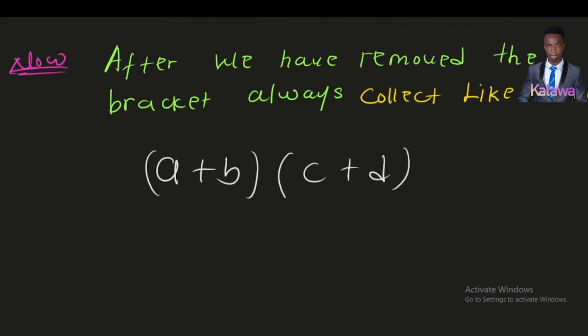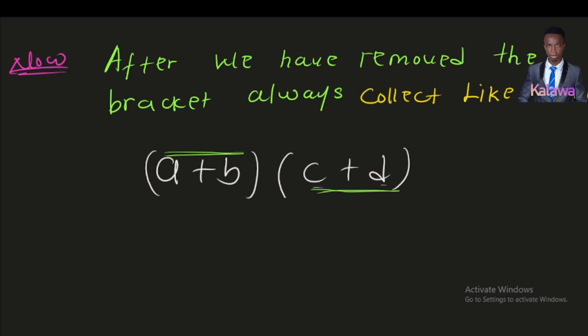So the statement previously is saying that we must multiply each term in one bracket by each term in the other bracket. That is, each term in this first set of brackets, that is a plus b, we should multiply by each term in the other bracket, c plus d.